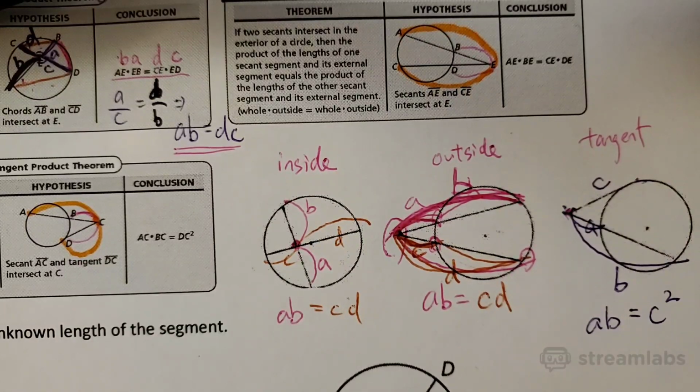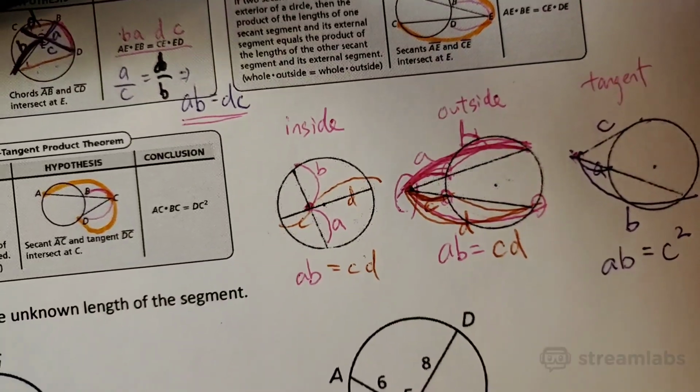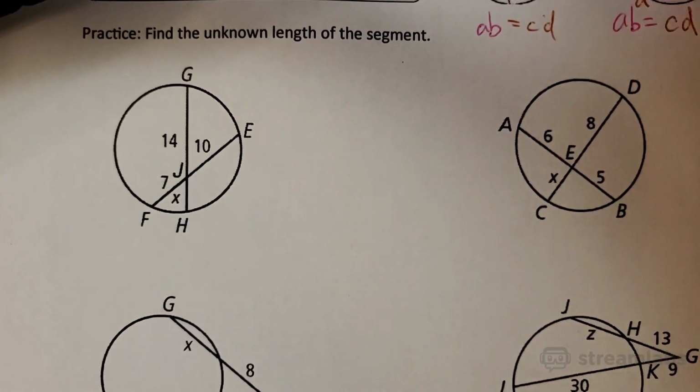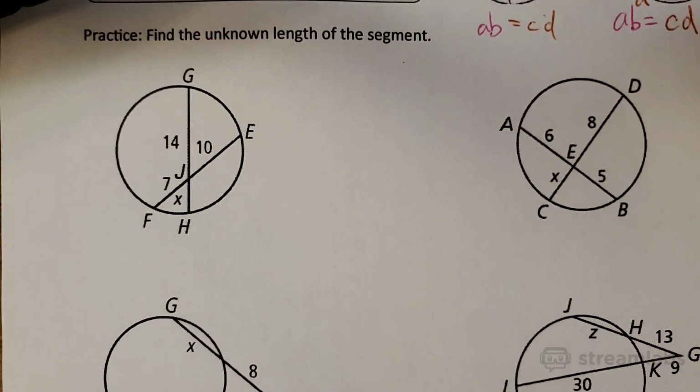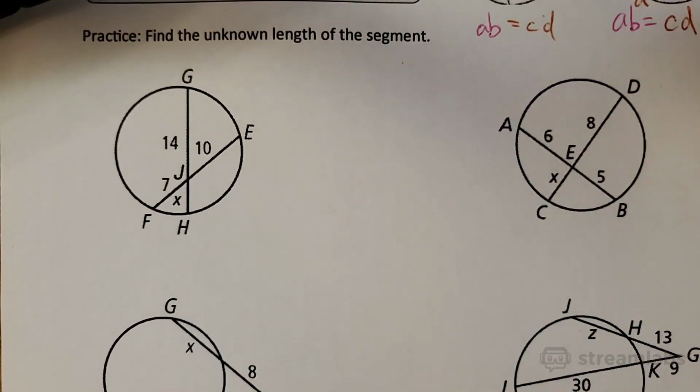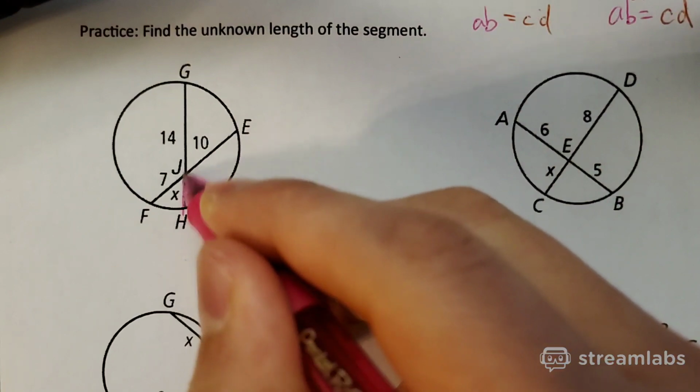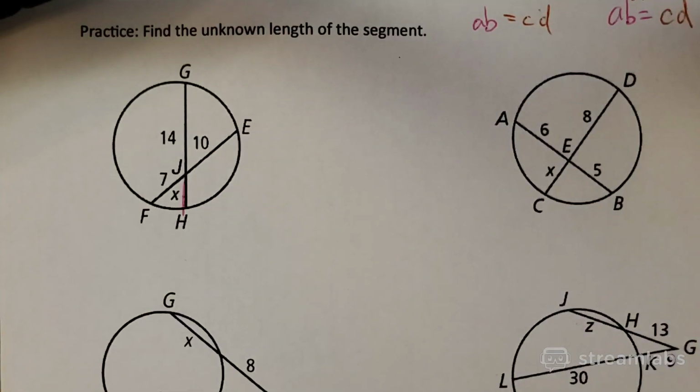All right, let's look at examples. So, first example is over here. Find the unknown length of the segment. So, unknown length of segment is here, X, right? JH. So, you have to find the intersection.